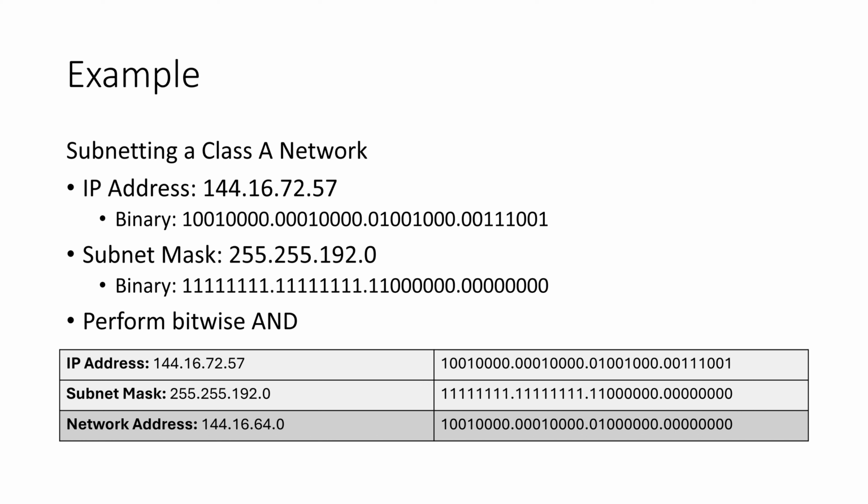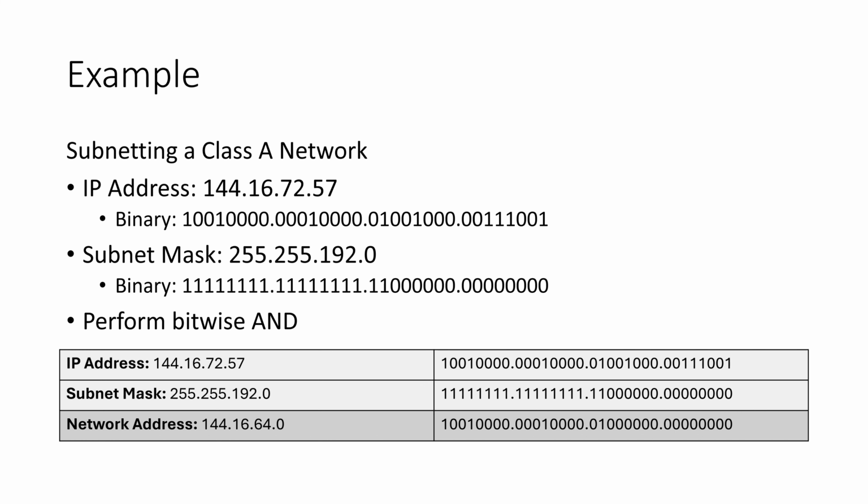Now the router performs a bitwise AND operation between the IP address and this subnet mask. So here we've got a binary representation of 144.16.72.57 and 255.255.192.0. Now the AND operation keeps only the bits where both are 1, and that's how we get the network address of the subnet 144.16.64.0.